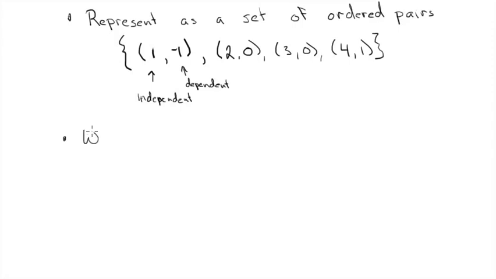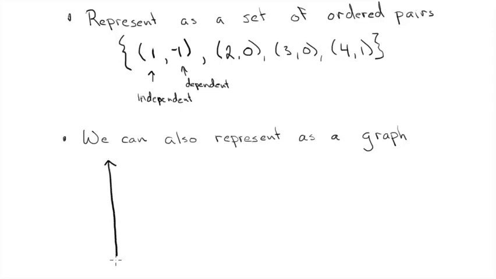We can also represent it as a graph. So the graph is basically just these four ordered pairs put onto a graph.